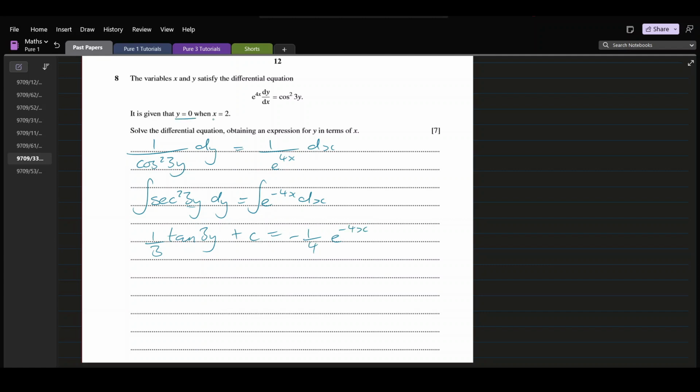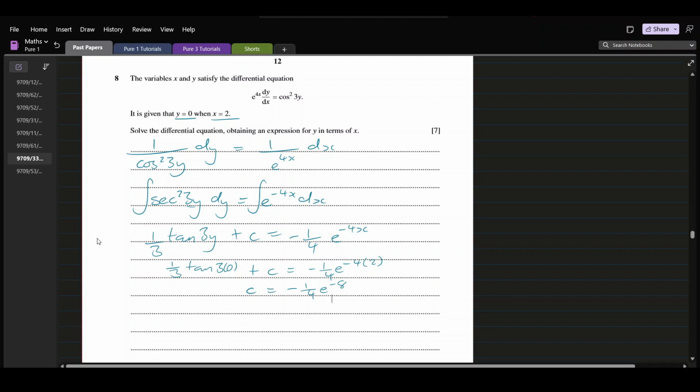And we're given that y equals 0 when x is equal to 2. So this becomes 1 over 3 tan 3 times 0 plus our constant here, that's -1 over 4 e to the -4 times 2. So tan 0 is 0, so c is equal to -1 over 4 e to the -8.